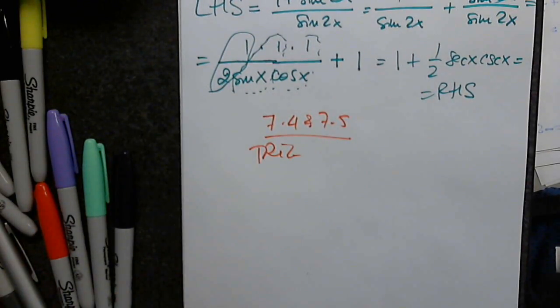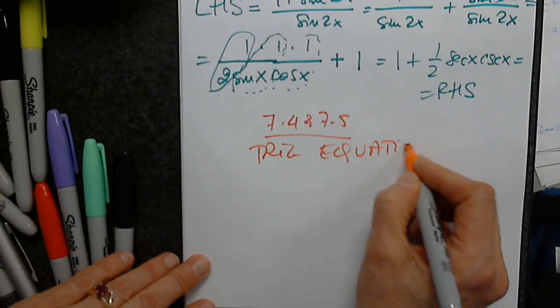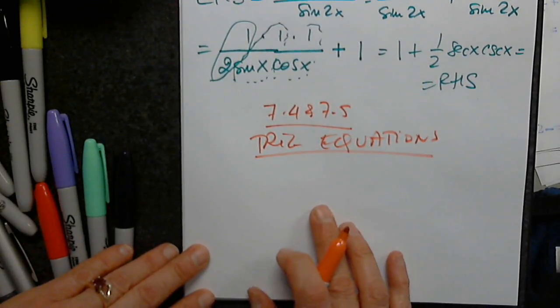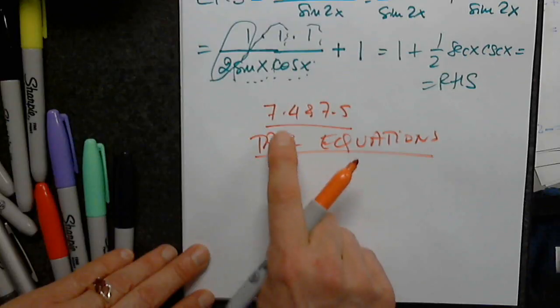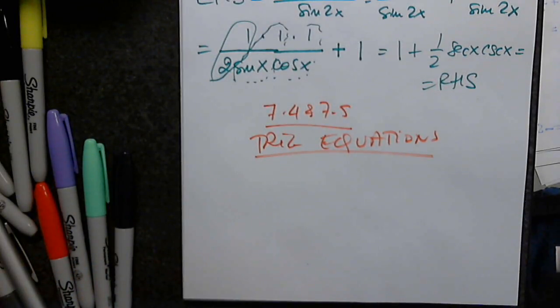We are done with identities, no more identities, finished. Okay, trig equations, till the test. 7.4, basic trig equations, and 7.5, a little bit more sophisticated ones.